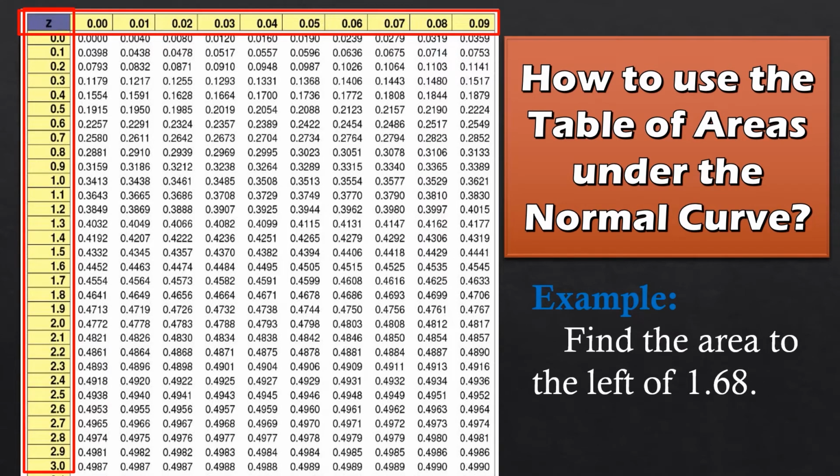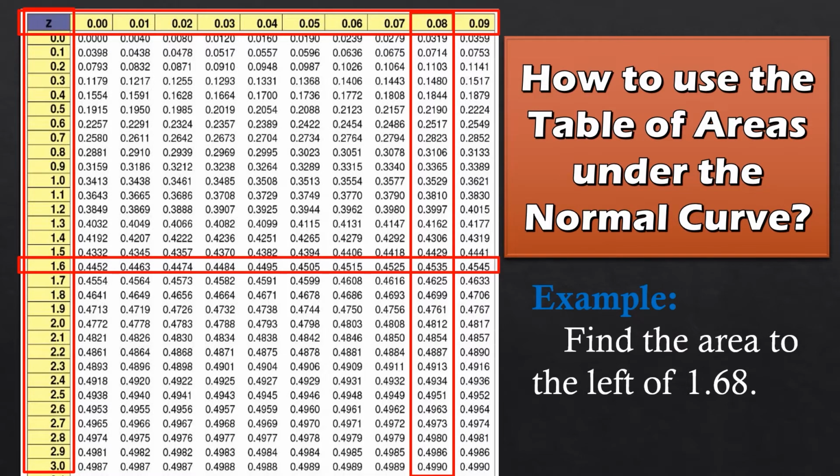Let's have another example. Find the area to the left of 1.68. So we are asked to get just the area from this table. We have 1.6, this row, plus 0.08, this column, and their intersection, 0.45335, is called the area to the left of 1.68.